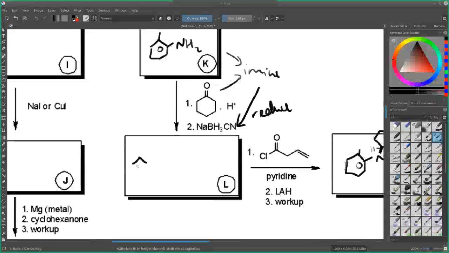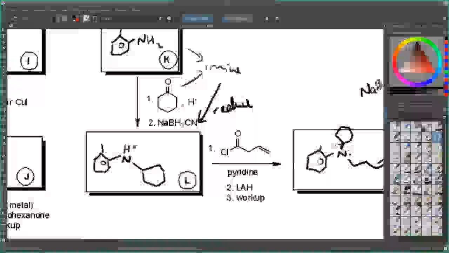So we will keep this ring, we'll keep that nitrogen there, and it's going to keep one of its hydrogens, and there we go. We just added a carbon-carbon group onto it, right?